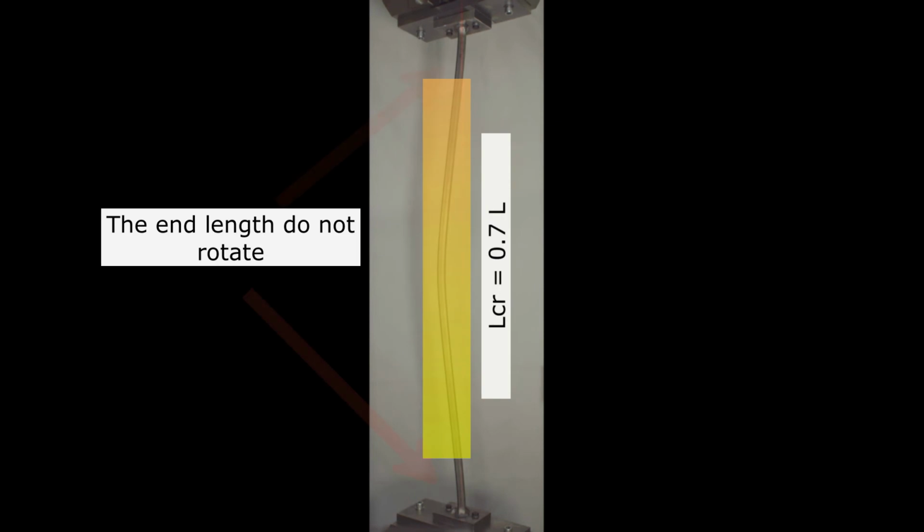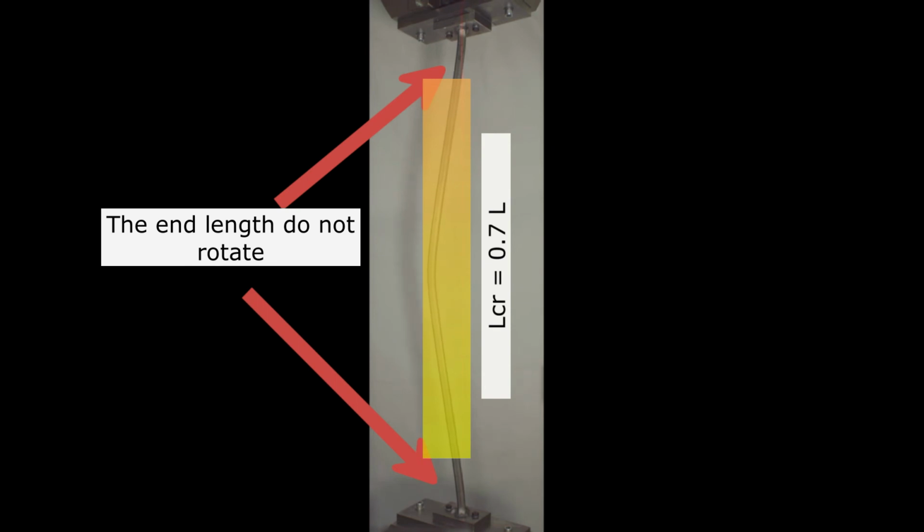Note that the column ends do not rotate due to the fixed-ended conditions. The column maintains this shape as it continues to deflect, until eventually material damage takes hold, which distorts the shape. This particular phenomenon is dominated by the elastic behavior, and material effects are secondary but ultimately trigger failure.